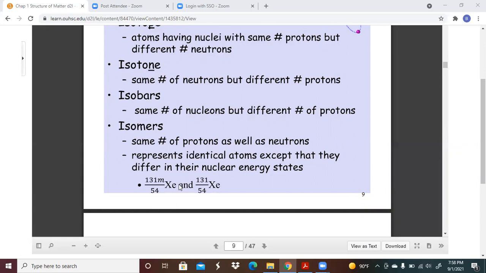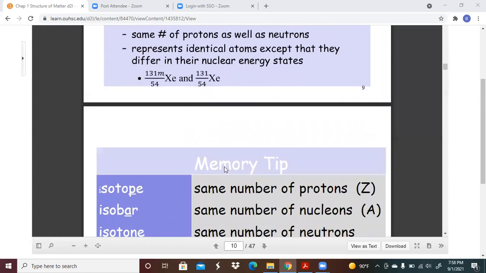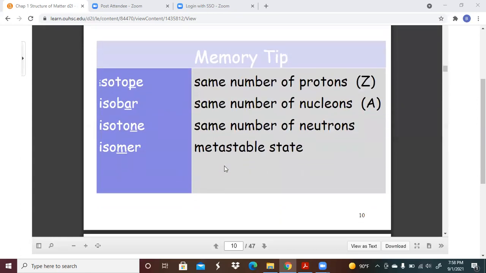So you've got xenon here. You've got something as 131m. I think the M there stands for metastable, as well as just having the regular element. Again, isotope is going to be the same number of protons.